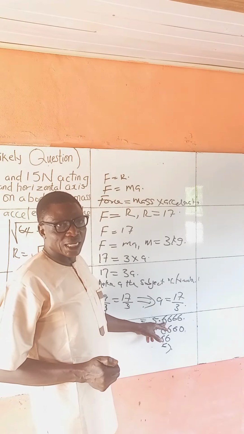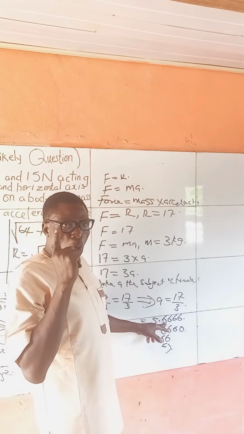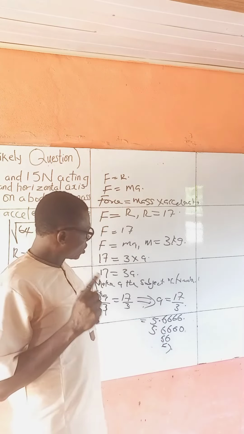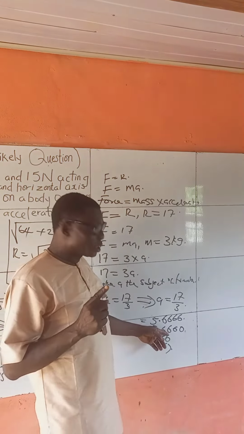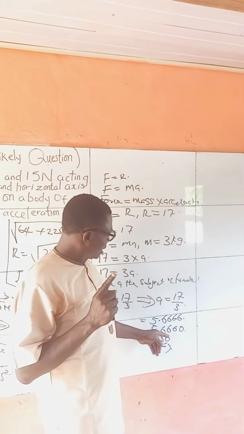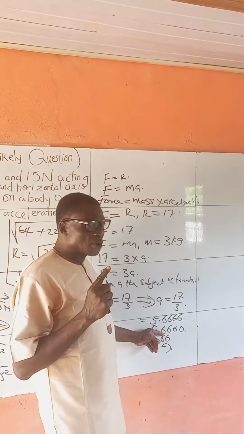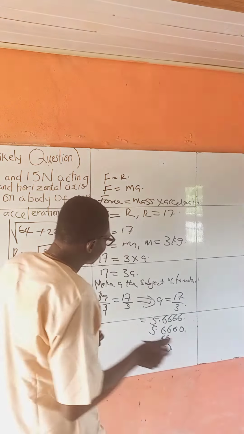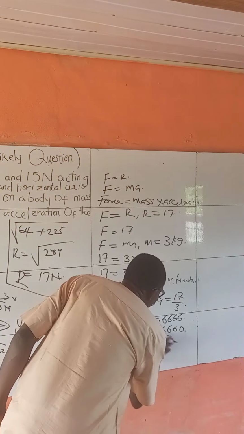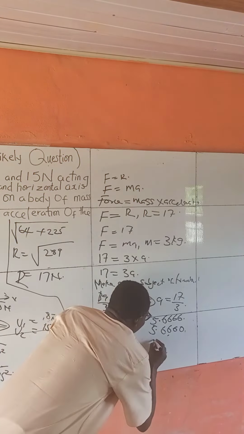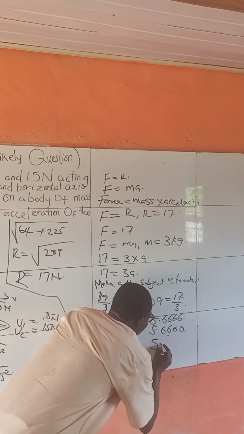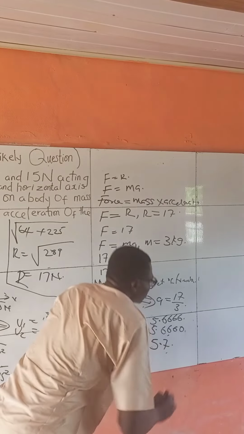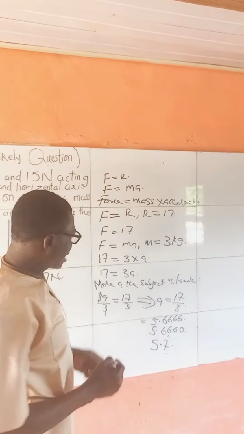You can easily say this is 5.7 to 1 decimal point. But the maximum you can give it to is 2 decimal points, which would give you 5.67. Look at the options, but in this case, because we are dealing with this force, we can have our answer as 5.7.